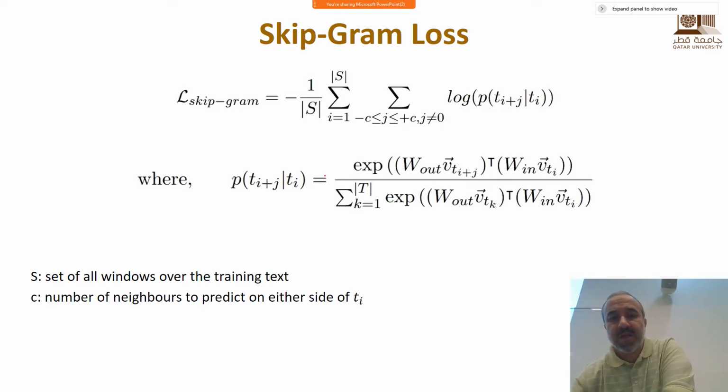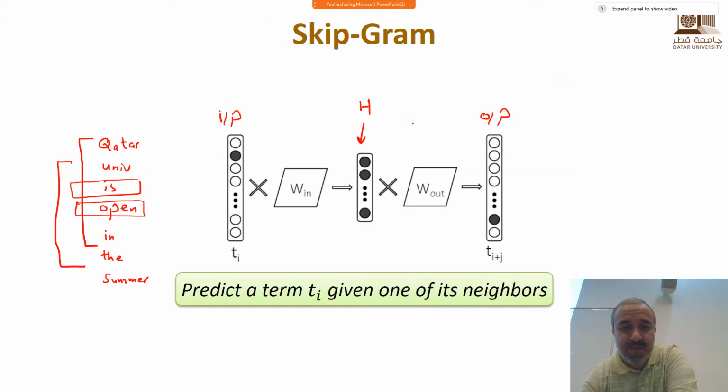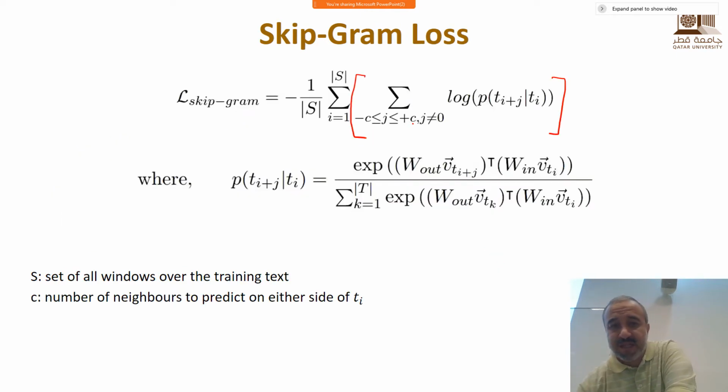Now, this is for each context. Remember for each context we get the middle word, right? We focus on the middle word and we try with all the words that are in the neighborhood. This is now summation over all the contexts.